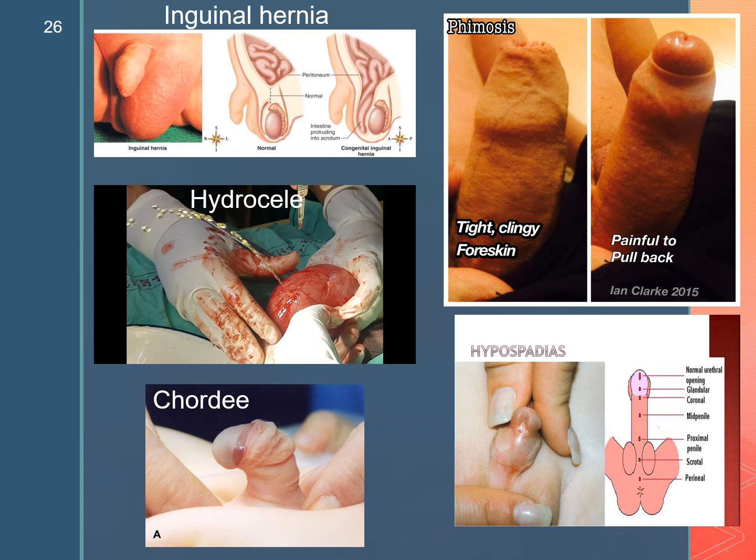And then below that, we see the hypospadias, and you can see that the opening to the urethral meatus is on the underside, and then epispadias would be the reverse. The opening would be on the top side.